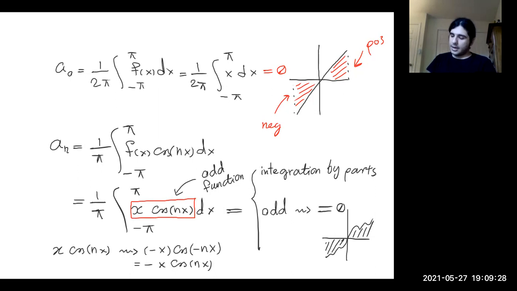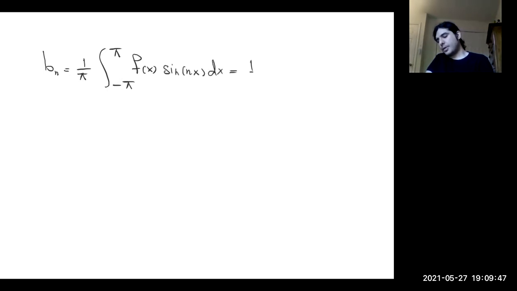Okay, so the only remaining part is b_n. b_n is equal to 1 over pi times the integral from minus pi to pi of f(x) sin(nx) dx, which here would be 1 over pi times the integral from minus pi to pi of x sin(nx) dx.